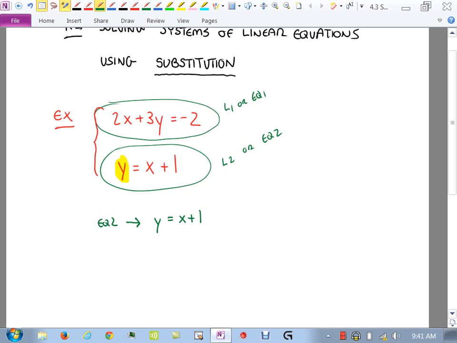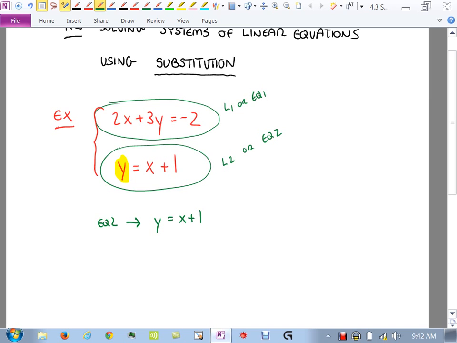Now, because I have to satisfy both equations at the same time, whatever the y value is in the second equation must also be equal to the y value in the first equation. Remember, we're trying to find a point that satisfies both at the same time. So whatever y is in this equation has to match up with what's up here. So the critical step of this process is to make a substitution.